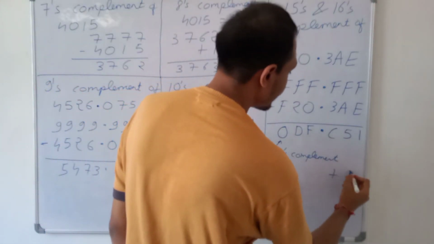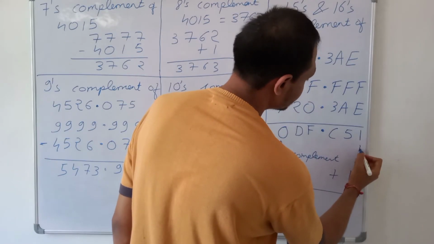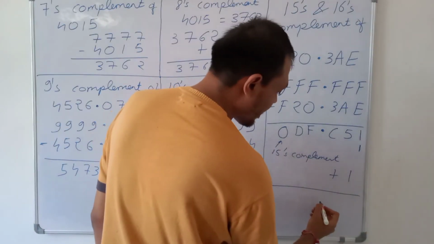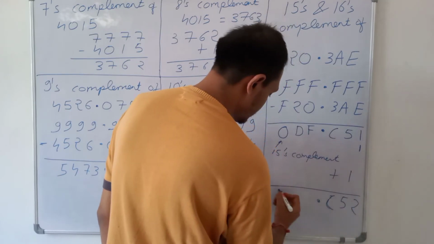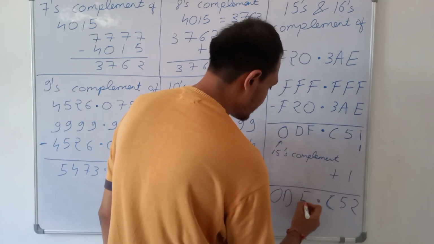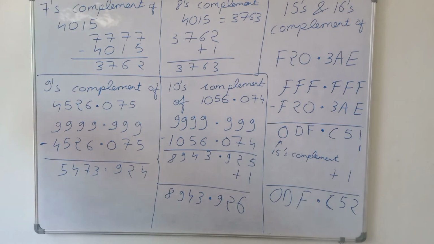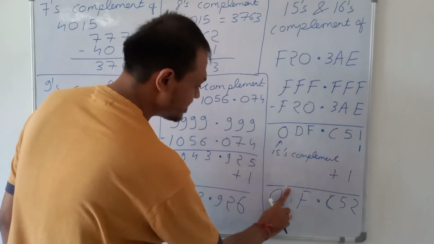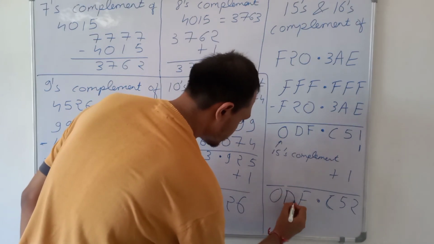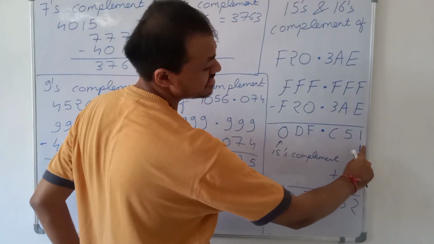Now we have to find the 16th complement. So just add 1 to get the 16th complement. Here we have to add 1 to the least significant bit.